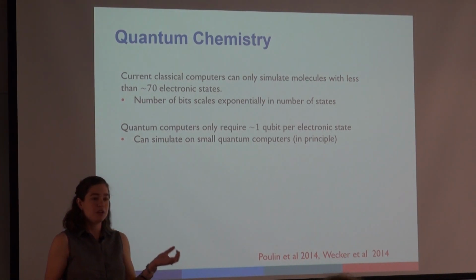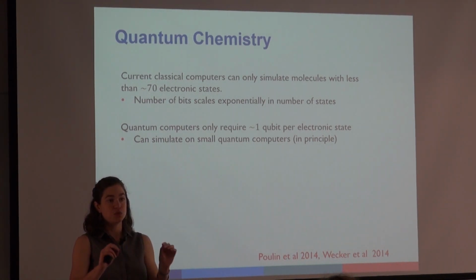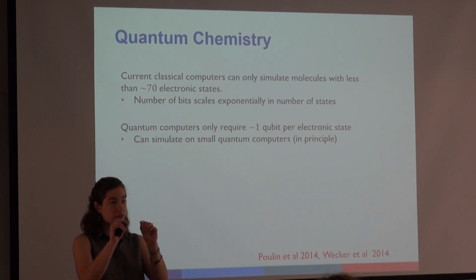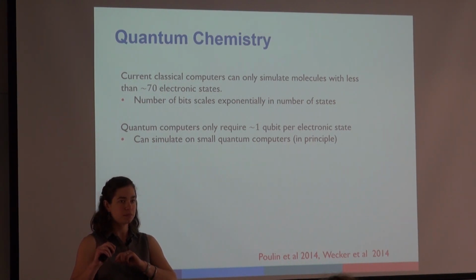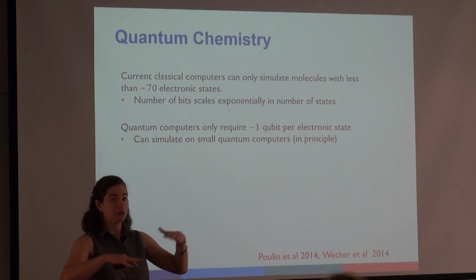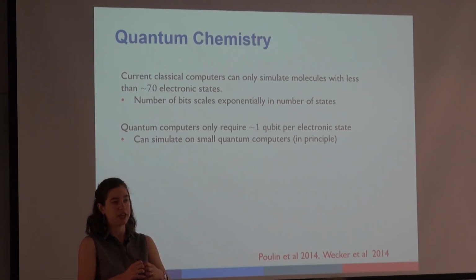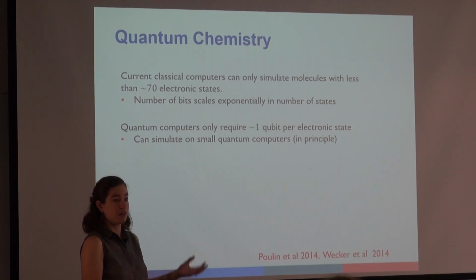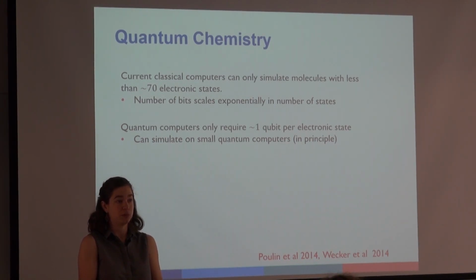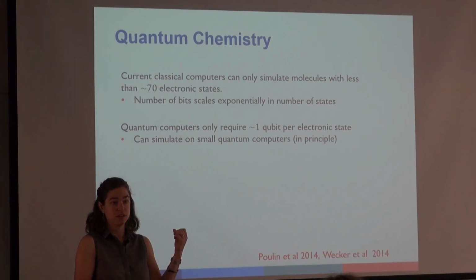But if you have a quantum computer, you can basically store each one of these electronic states using a single qubit, one of those a|0> plus b|1> states that Chris talked about. So instead of needing a huge supercomputer to simulate some kind of chemical reaction, you can do this with a very small quantum computer. In principle, something with, say, 100 qubits could already start to simulate something that we can't do with the biggest supercomputer.